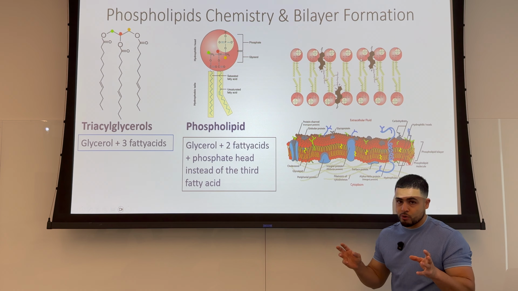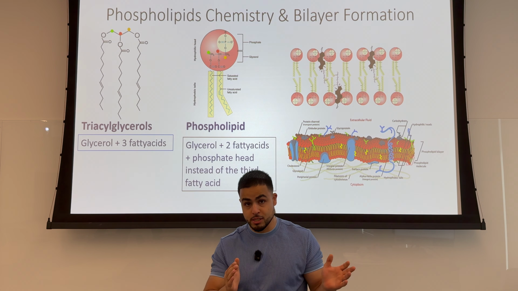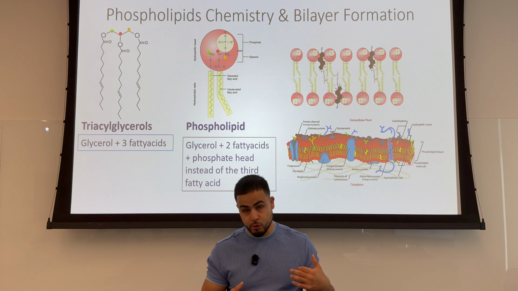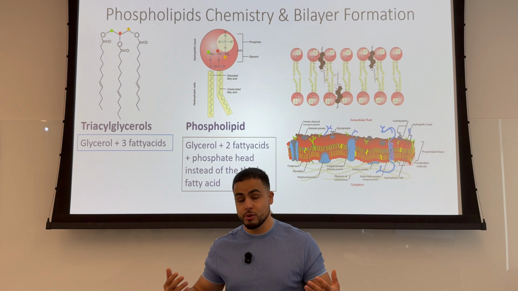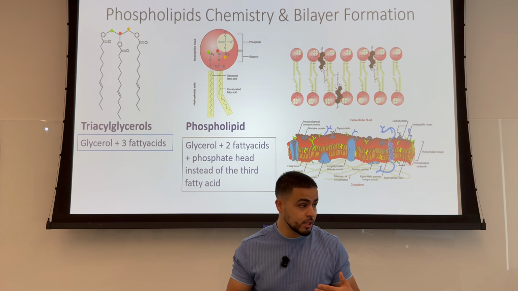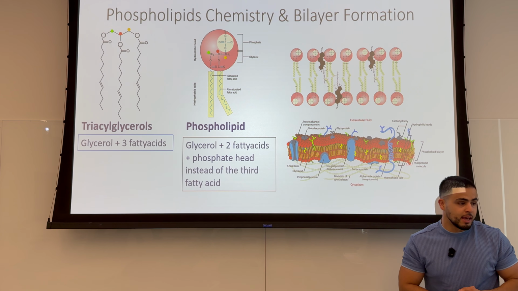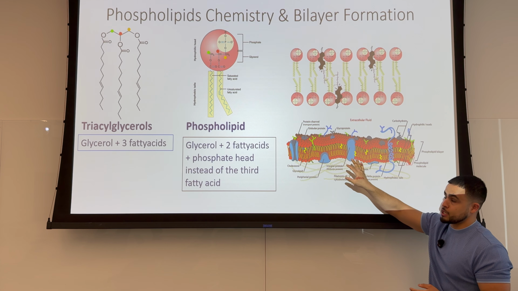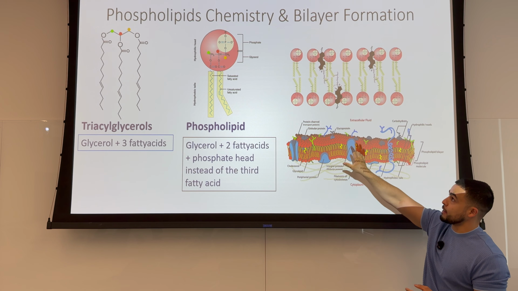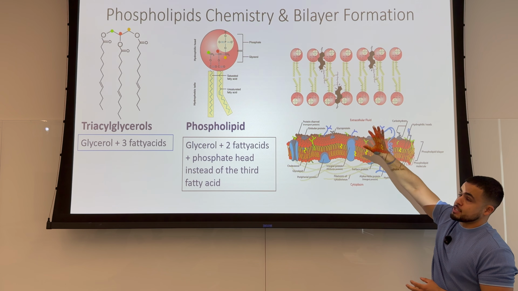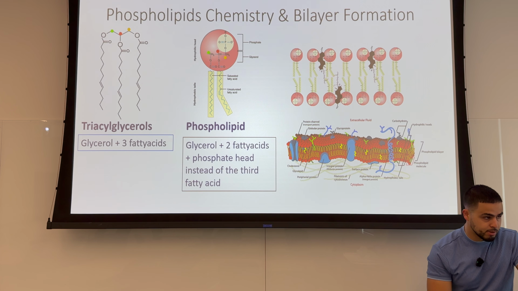It can play both ways in terms of fluidity: if we need to increase fluidity, cholesterol can do that, and if we need to decrease fluidity, cholesterol can do that as well. This is just showing the structure of the plasma membrane again. I really don't want you to think that the plasma membrane is just a simple bilayer. It's a lot more complex than that.